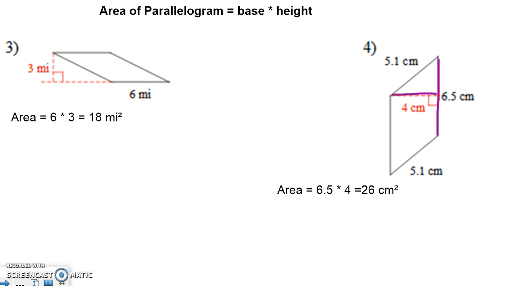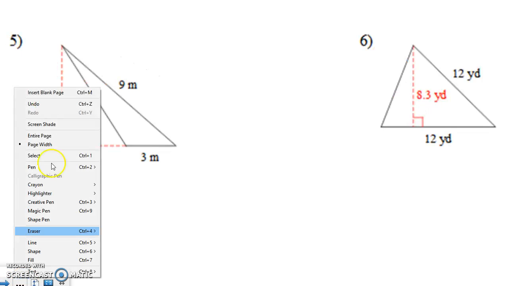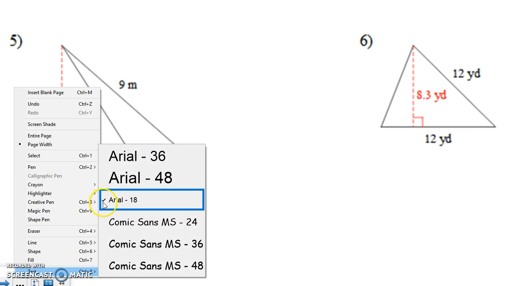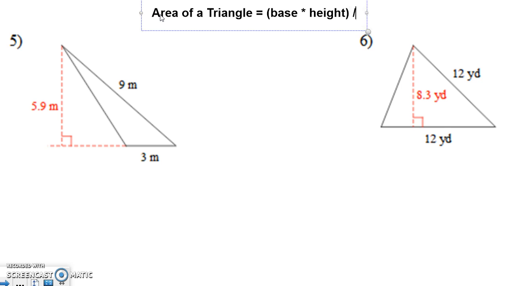To find the area of a square, rectangle, or parallelogram, we just multiply the base times the height. For a triangle, it's very similar. A triangle is half of a rectangle, or half of a square, or half of a parallelogram. That's why the formula is very similar. To find the area of a triangle, we take the base times the height, and we cut it in half.